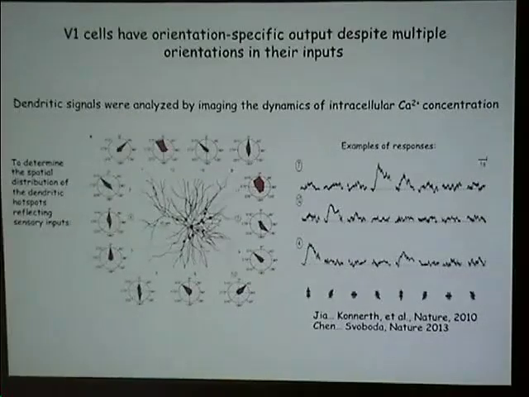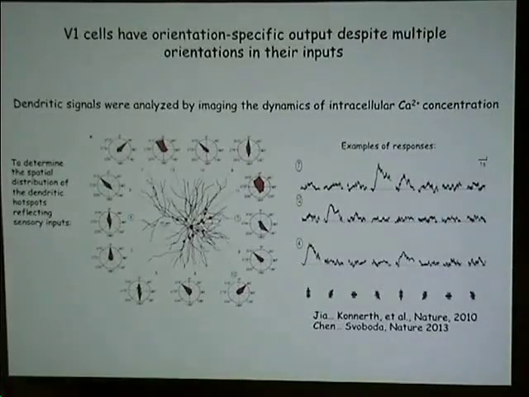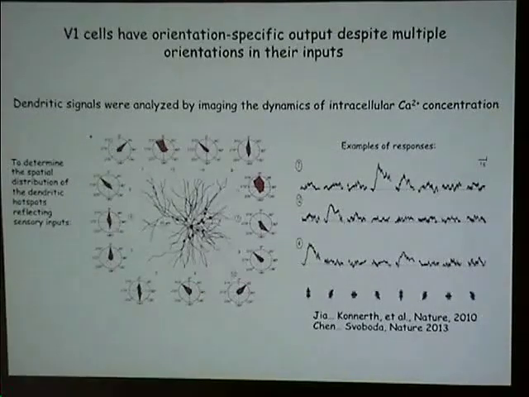But I thought it can be useful to compare this with data from another system, the visual cortex again. If you go back to some work that has been published during the last three to four years in visual cortex, especially on orientation-tuned cells, you may get some hints.